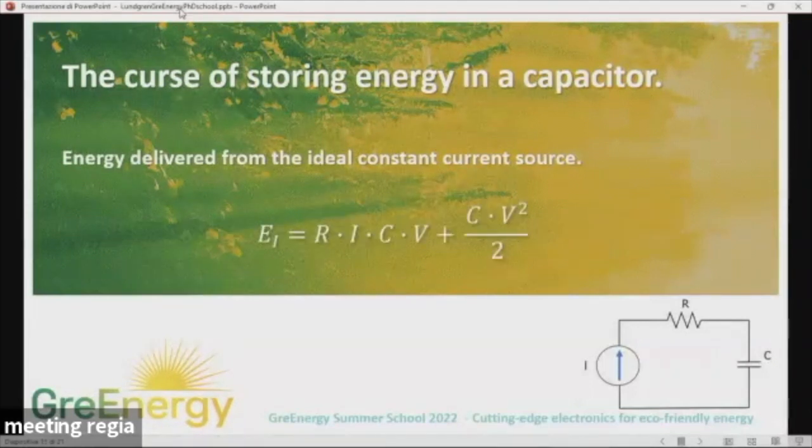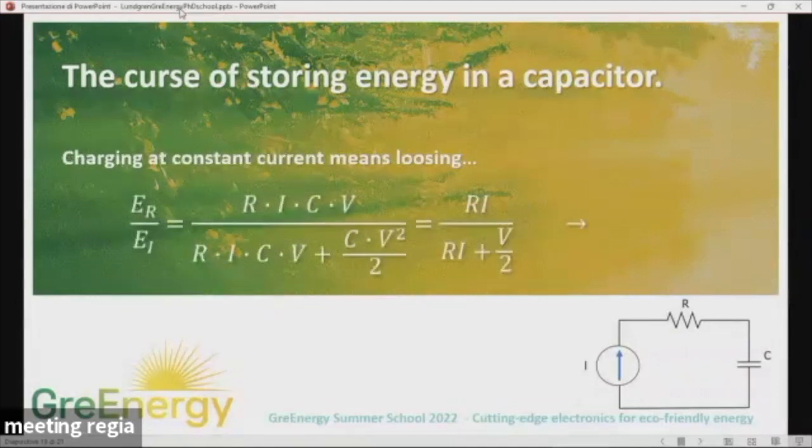But in the end, if we simplify this, we get an expression for the total energy delivered. So we end up with the same kind of energy in the capacitor as we recognize from previously, the capacitance times the voltage squared divided by 2. But the energy lost in the resistor now is depending on the current we use for charging.